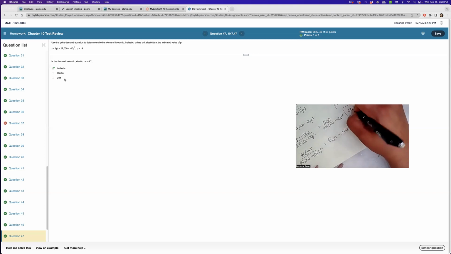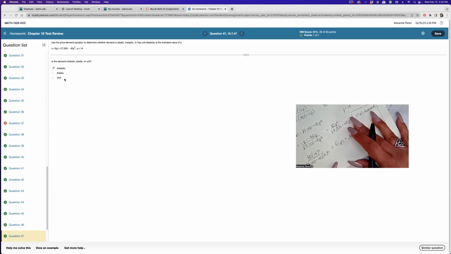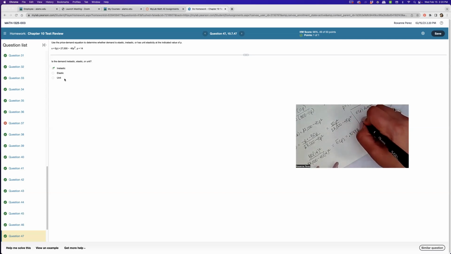And so we need to give ourselves a little toolbox. So elasticity function of demand. For 0 less than E of p less than 1, your demand is inelastic. For E of p greater than 1, your demand is elastic.